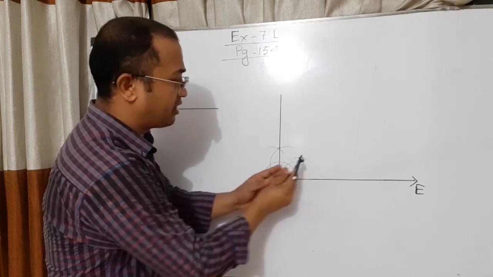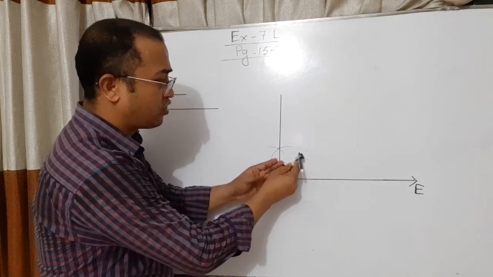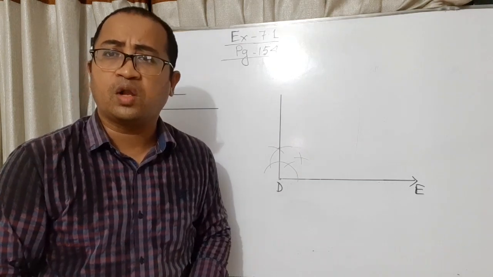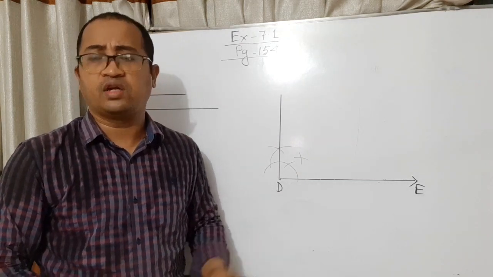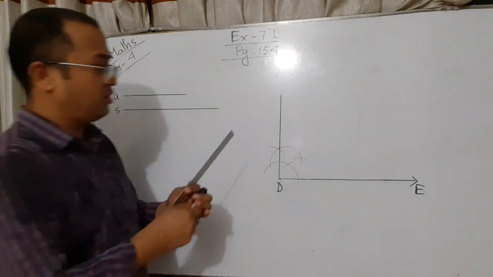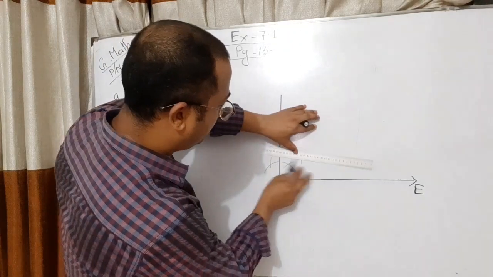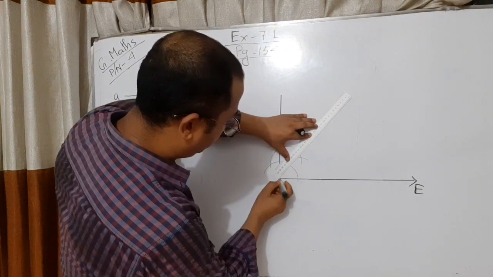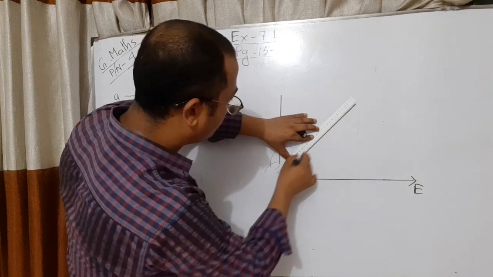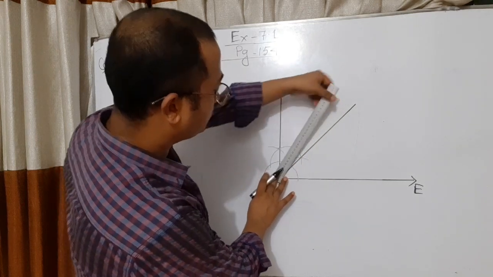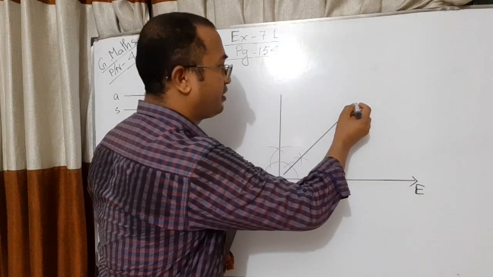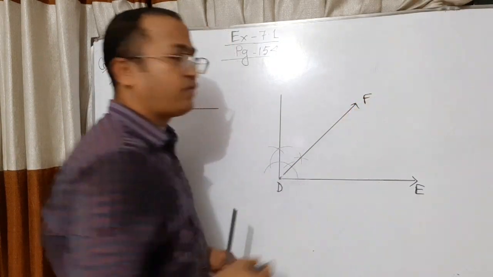Again, centering this, we draw another arc. If we join these two points, it becomes two equal parts, that is 45 degrees. So angle EDF is equal to 45.